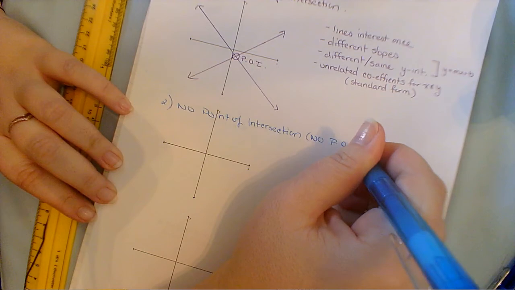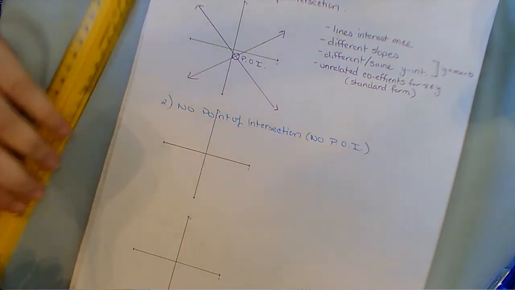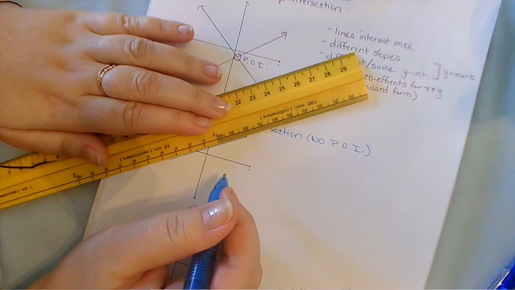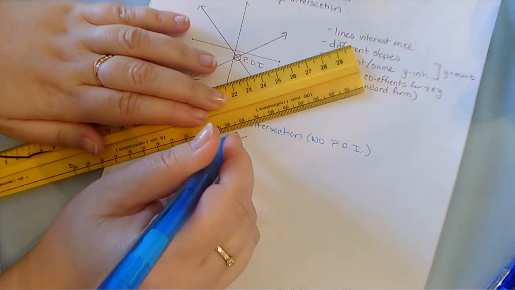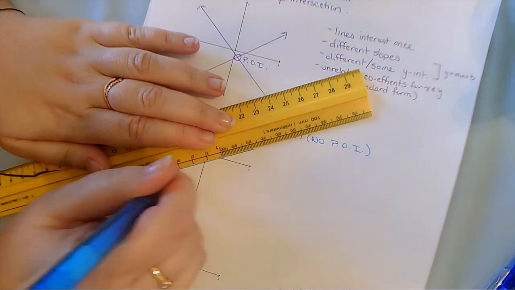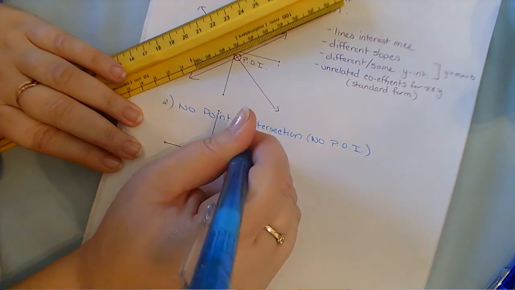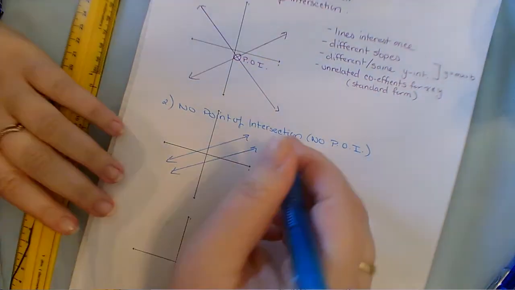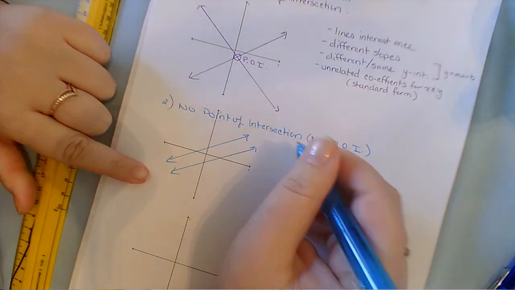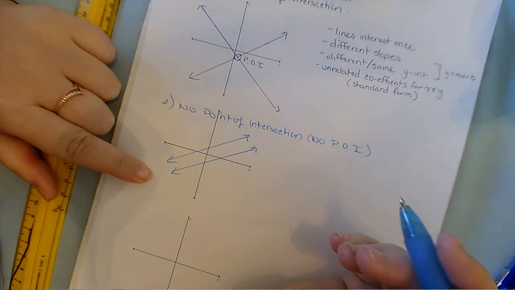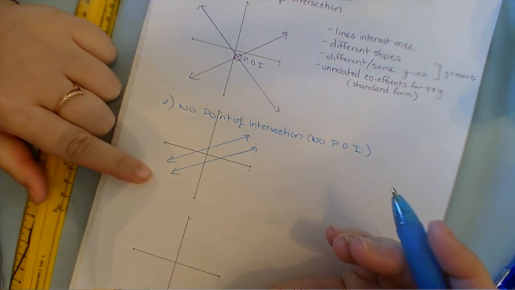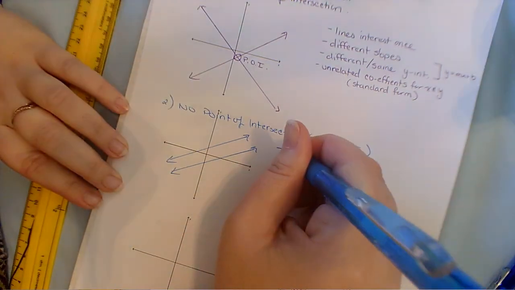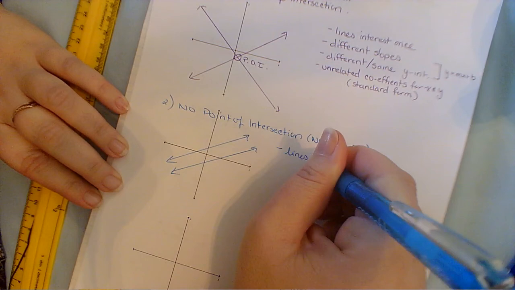The only way that two lines will never ever touch each other is if they're running alongside each other. So whatever the slant is, repeat the slant. In this particular case, we have two lines running alongside each other like railroad tracks. So we would say that there's no point of intersection. These lines will never ever touch each other, ever. They're always going to stay the same distance apart. So that means lines never intersect.